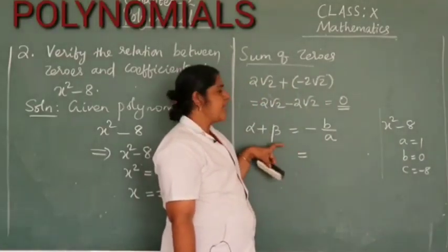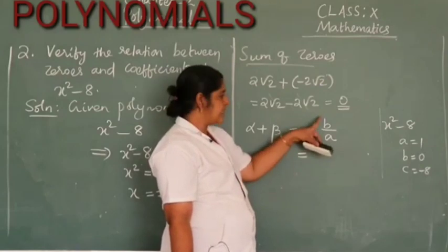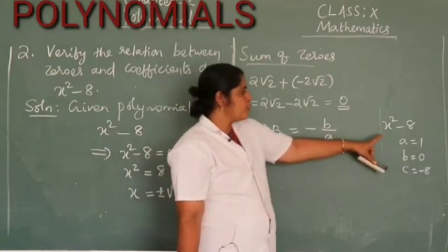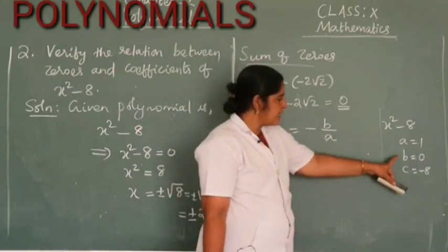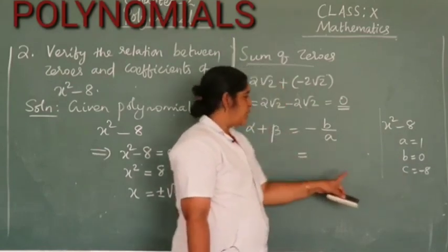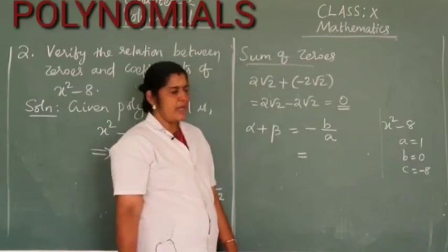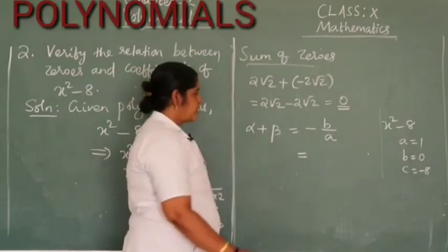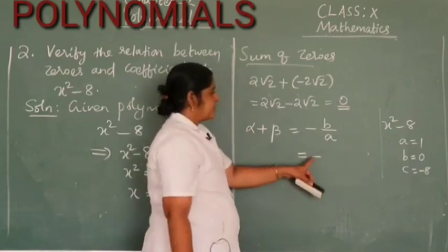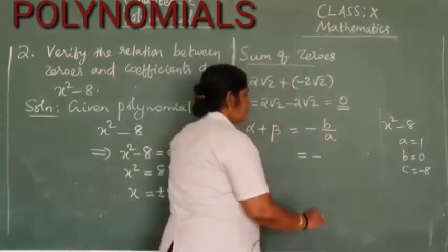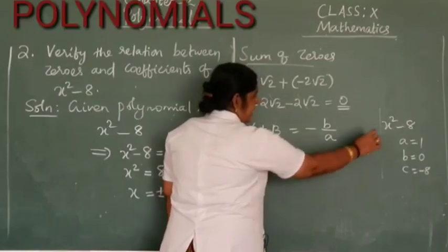You want to note this carefully for verifying the zeros. When verifying the relation using minus b by a, you should be thorough with what a, b and c are. So after confirming these three values, you can check the relation using the formula minus b by a. So what is the answer? Minus b is equal to 0. So minus 0 by a, which is 1.